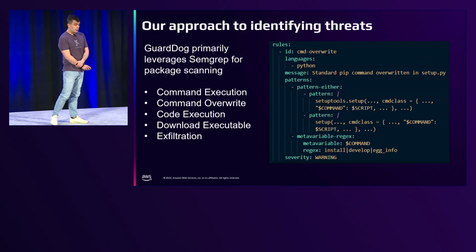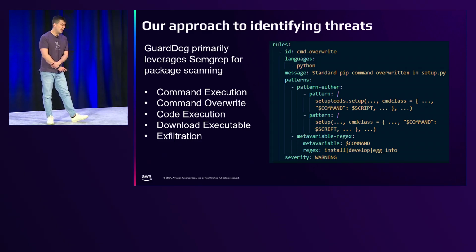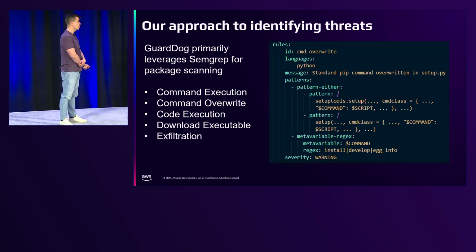To get back to GuardDog, our approach to identifying threats is to use this open source framework that has Semgrep under the hood. We wanted to challenge how static code analysis tools were used. They're typically done for vulnerabilities. A lot of the malware we were finding wasn't something that was compiled, it wasn't in bits and bytes, and we had to reverse engineer it.